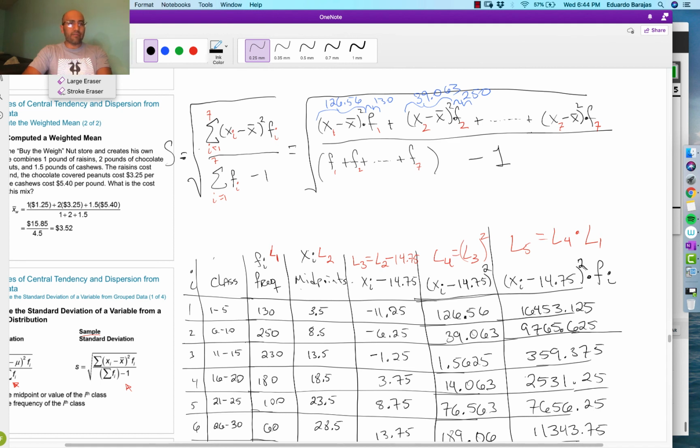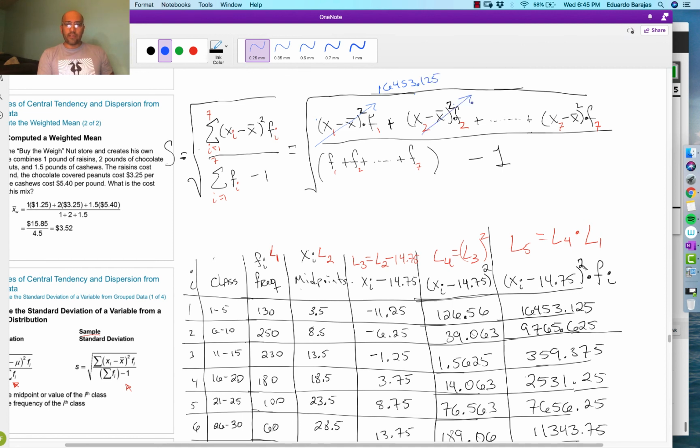Okay, so column 5, what this column has is that this number, the really big ugly number right there, that's this product right here. This whole thing is in fact the 16453.125.